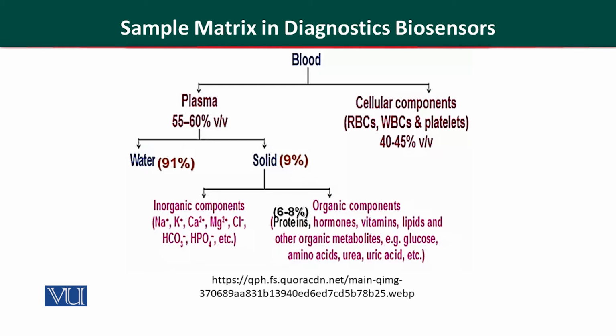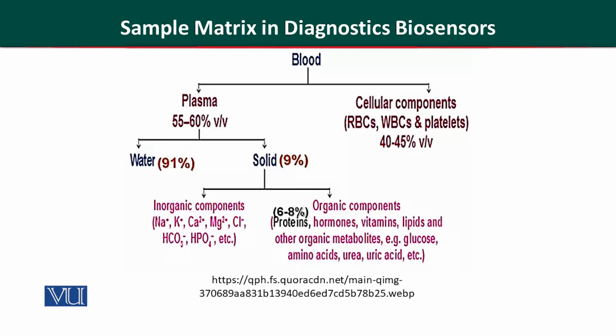The inorganic component is mostly composed of ions such as sodium, potassium, calcium, magnesium, chloride, bicarbonate, phosphate, and other ions. In case of organic components, mostly the proteins, the main protein is albumin, different types of hormones, steroid hormones, vitamins, lipids, and other organic molecules such as glucose, amino acids, urea, and uric acid.